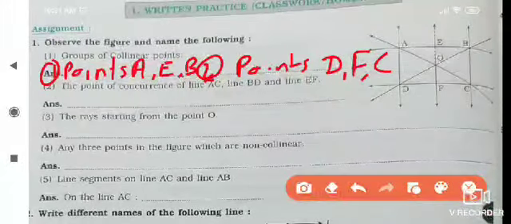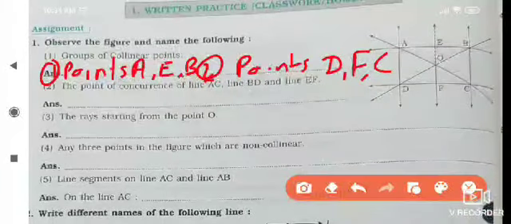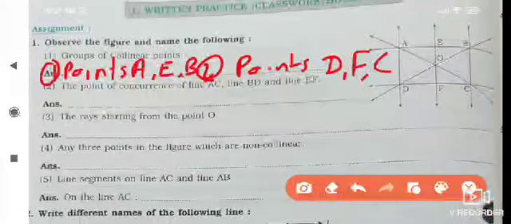Points B, O, D. So write points B, O, D and points A, O, C. Okay. Now after this we will move towards the next question.